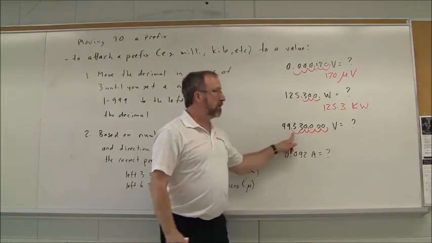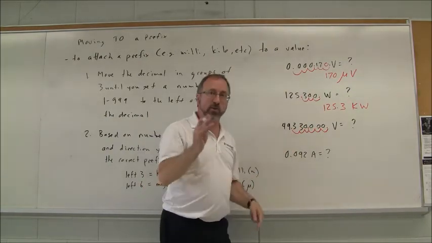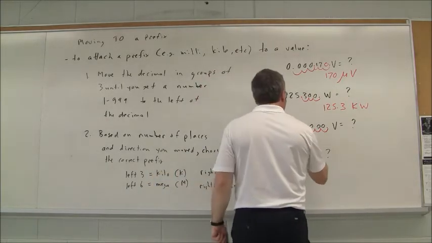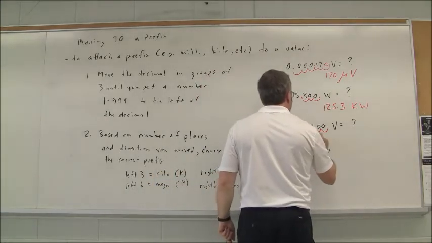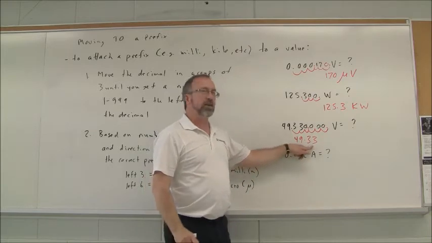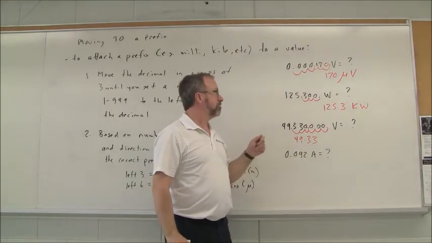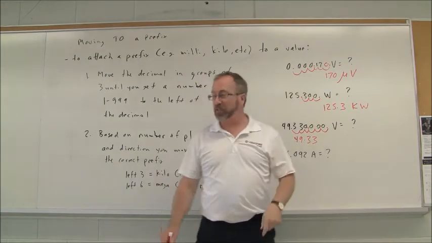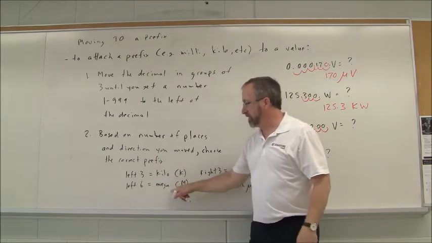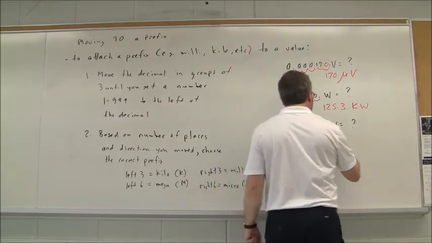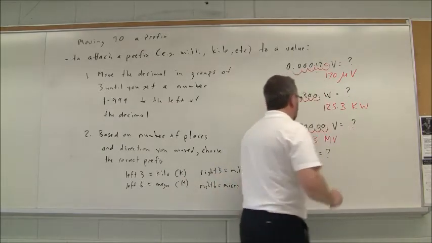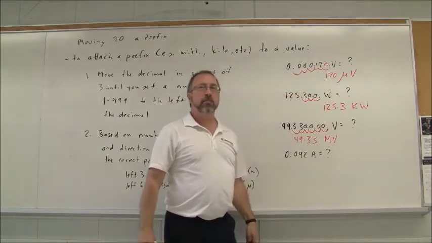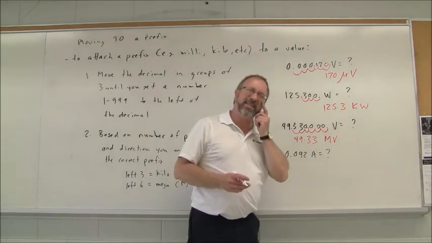If I put it here, the number to the left of the decimal is 49, so I know I've hit the right spot. 49.33 will be my number. Now what prefix? I moved it 1, 2, 3, 4, 5, 6 places to the left. Left 6. I will use mega. 49.33 megavolts.